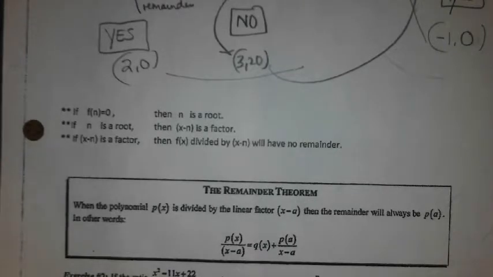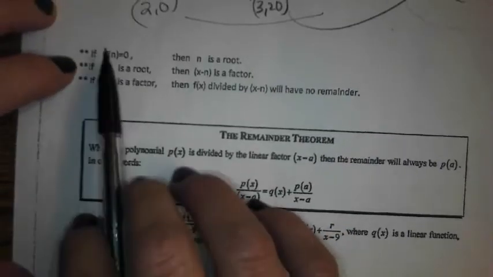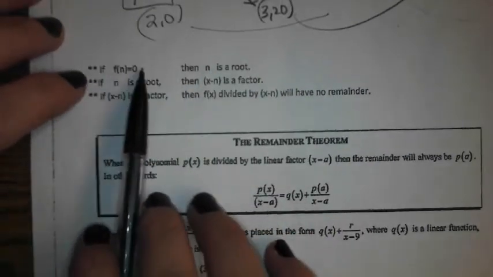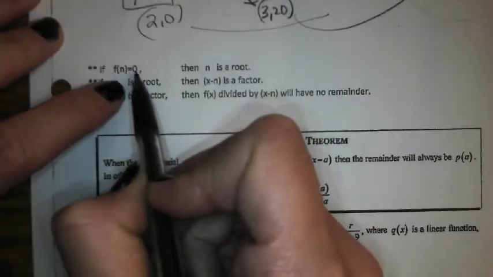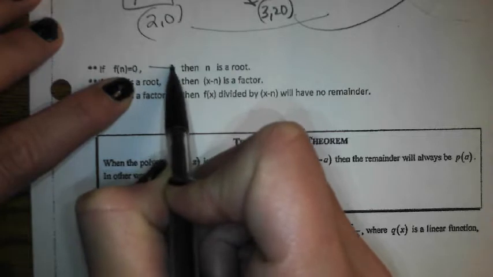So again, there are so many connections here that I find it very difficult to know how to best teach this, because between the graphs and the long division and the point, it's all intertwined. So this is kind of the if-then sort of thing, like proofs in geometry. If f of n is 0, then n is a root.